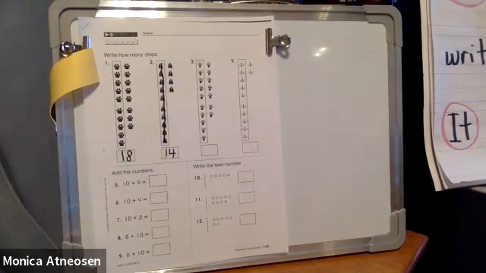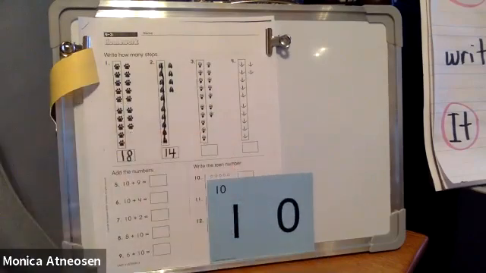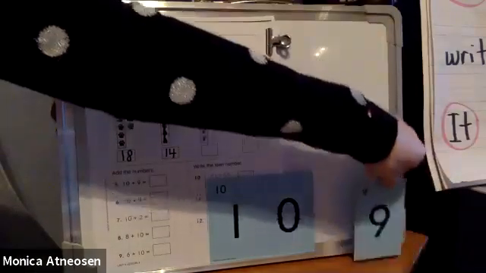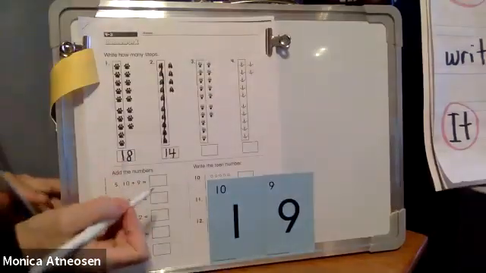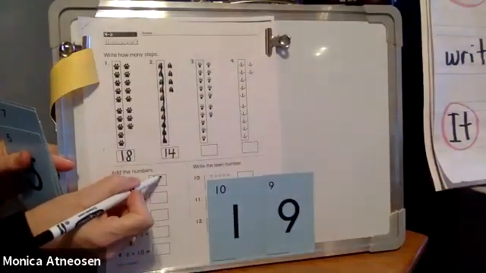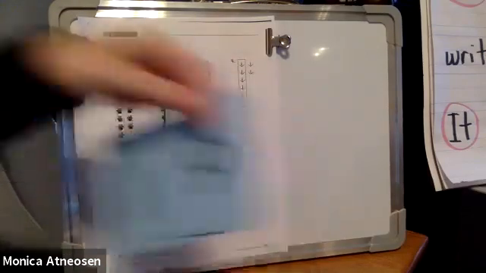You've got your secret code cards. 10 plus 9. Make it do your hopping. Hop, hop, hop, right in front. And it equals 19.